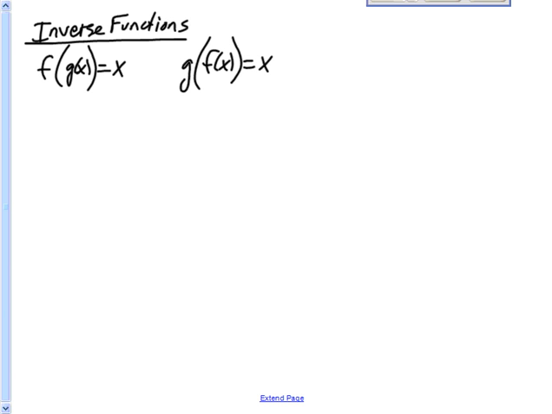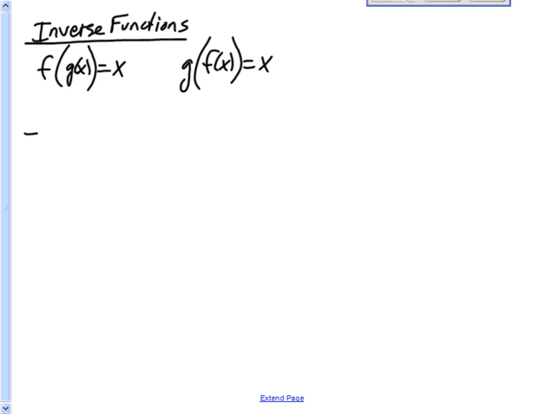So if you run their composition both ways, the composition will spit out x. Remember, they're a reflection about that line y equals x, so that's why their composition is going to give you x.